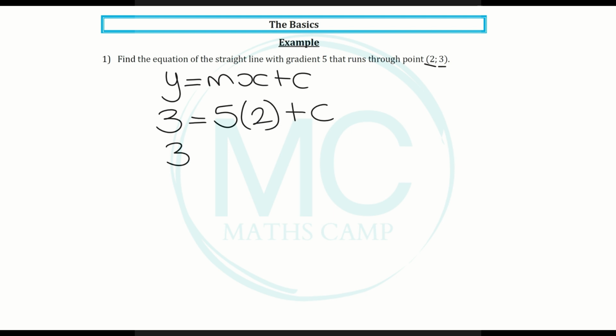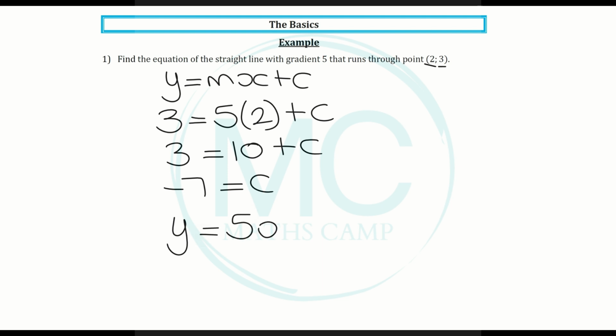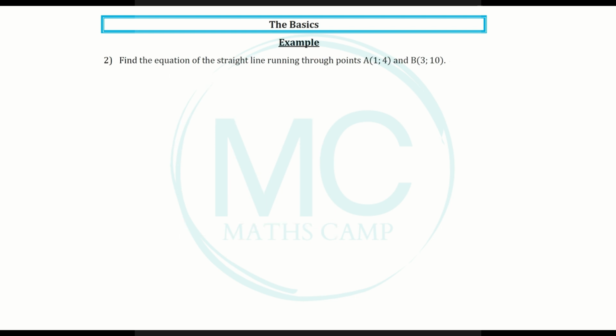And we get 3 is equal to 10 plus c. Move 10 to the left and we see that negative 7 is equal to c. So the equation for this straight line is y is equal to the gradient m, which is 5, x, plus c, which is negative 7.